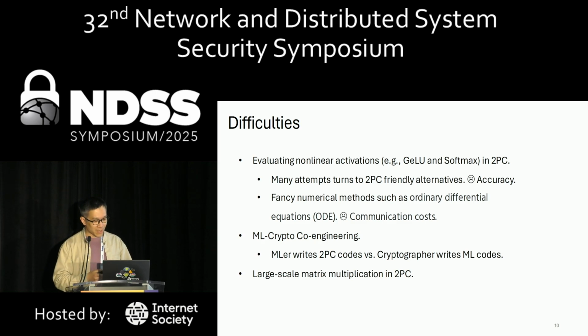The second issue is from the engineering side. We have to face two kinds of methodology: let the machine learning people write the cryptographic code, or let the cryptographers write the machine learning code. And the third one is to design a two-party computation protocol for large-scale matrix multiplication.